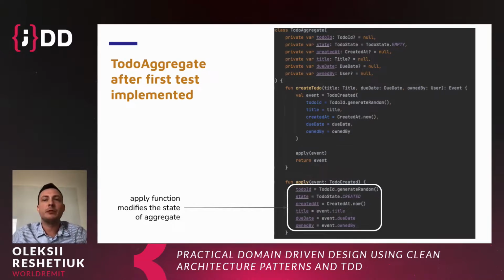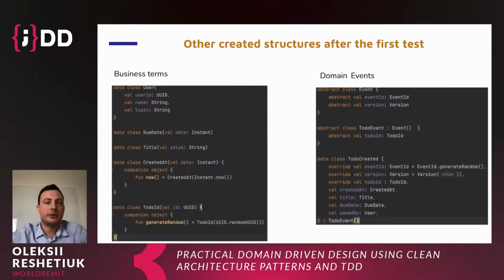Well, so now let's take a look at, let's say, the first version of the aggregate. As you see, we have no validation at all. We simply accept parameters, apply new state, and return a successful event, because we wanted to make our test green, and actually it is green.